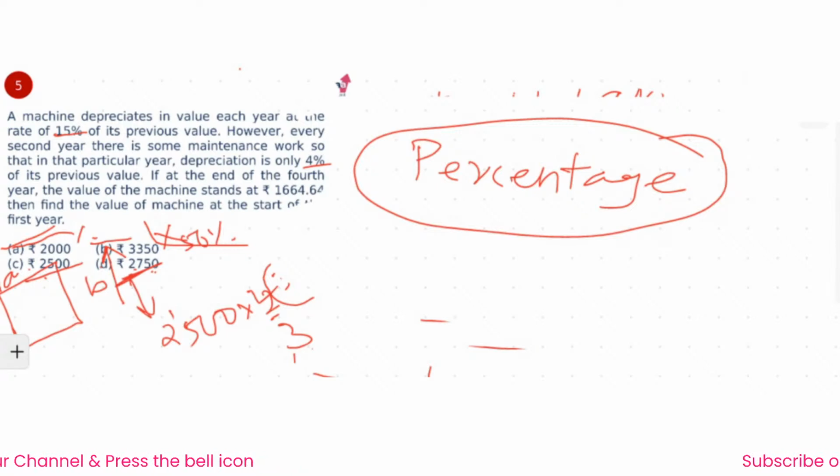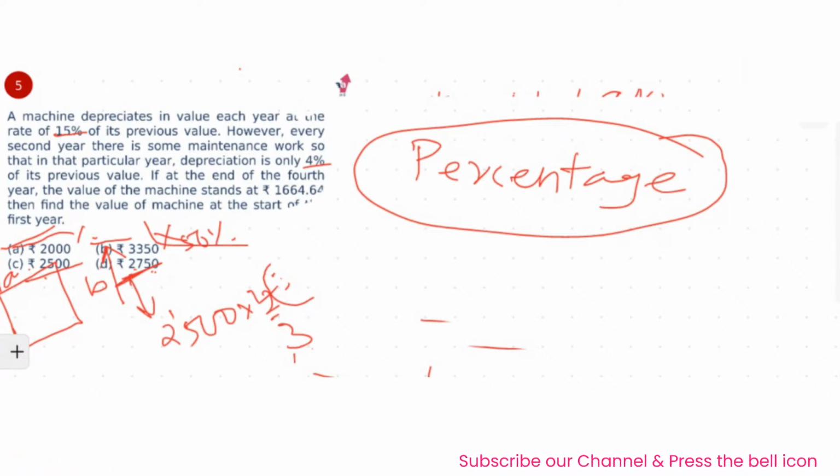I hope you have understood, and we will have another session of percentage chapter where I would explain what I'm trying to tell you about this formula. Thanks for being in the session.